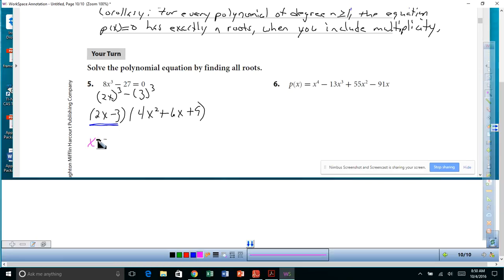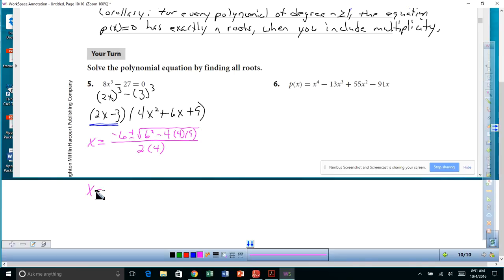So you got x equals negative 6 plus or minus the square root of 6 squared minus 4 times 4 times 9, all over 2 times 4. So it's negative b plus or minus the square root of b squared minus 4ac. We got some arithmetic to do.